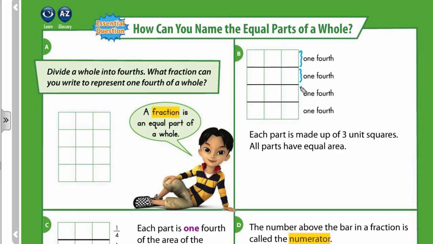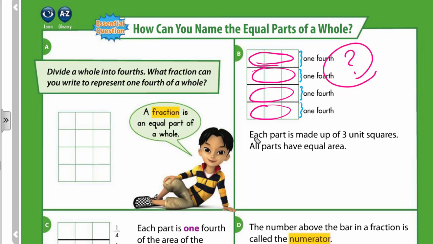Okay, anyone can help? The four parts are equal. Why? Okay, Abdullah, what is your answer? Because they want from us these four parts.